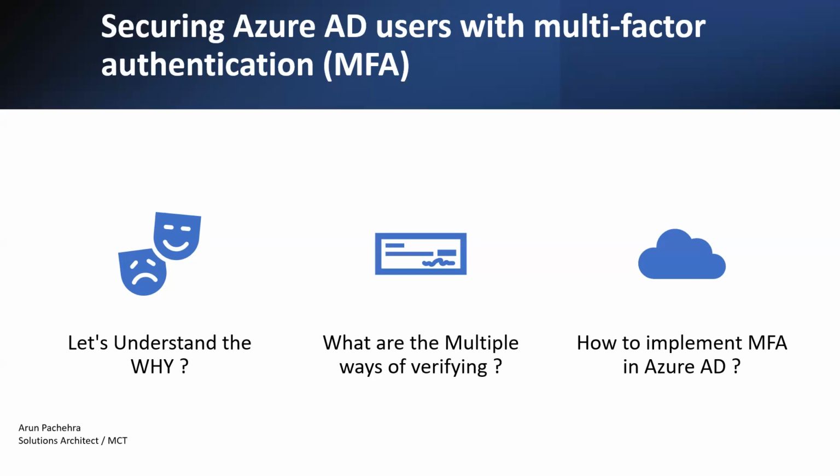Users getting prompted for MFA for every application may result in poor user experience, and we do not want that, right? We want effective and wonderful user experience, not making them frustrated in the name of security, right?